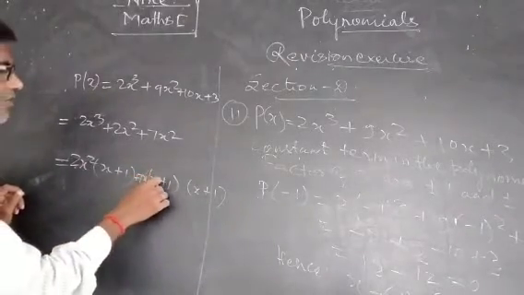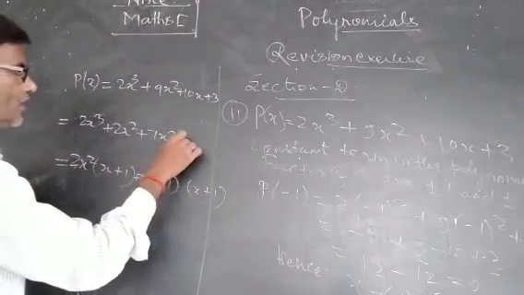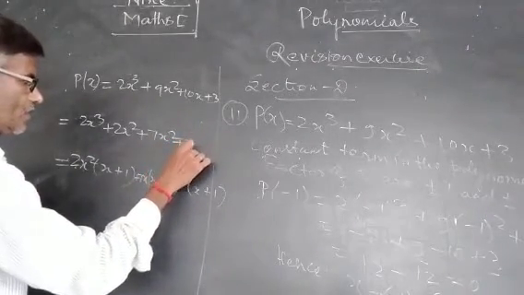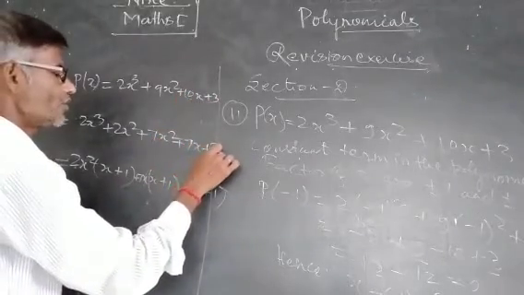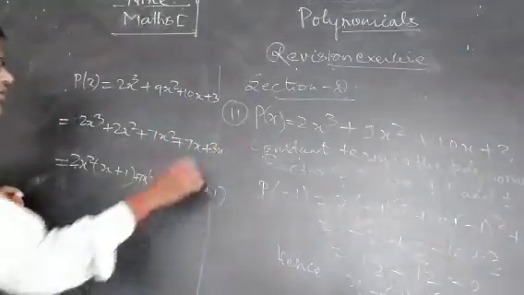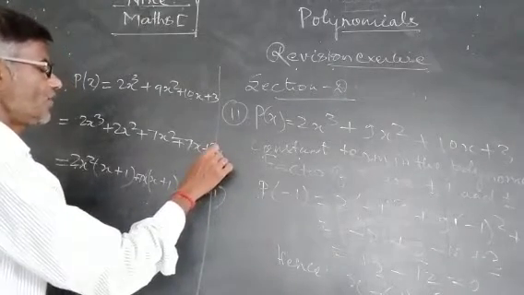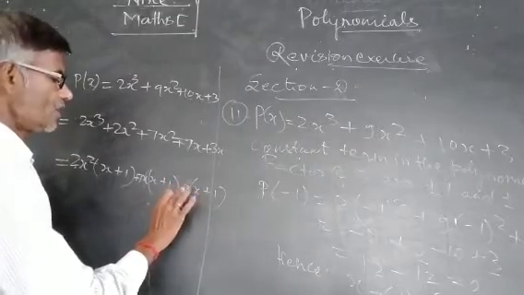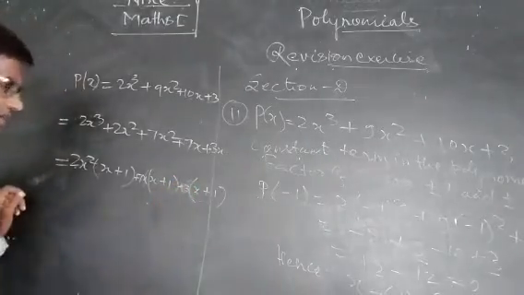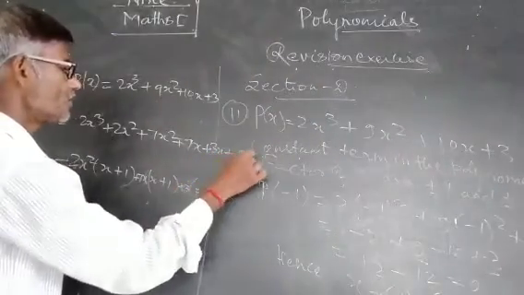Okay, 7x into x is 7x squared, and 7x into 1 gives 7x, but here it is 10x, so we have to add 3x. Now 3x divided by x gives 3, so plus 3 will be the next term of the quotient. 3 into x is 3x and 3 into 1 is 3.